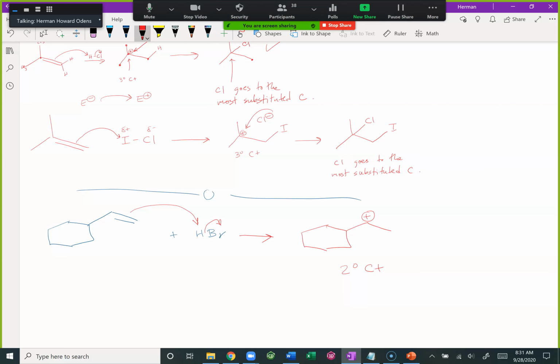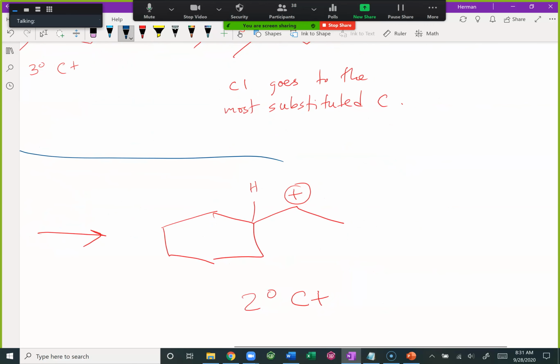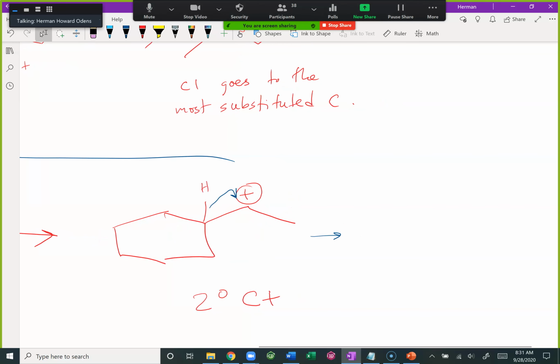So here, notice that I started with a hydrogen here. This hydrogen is still there. This hydrogen could do a 1,2 hydride shift. It'll jump over there. And so when it jumps, let me write it down.